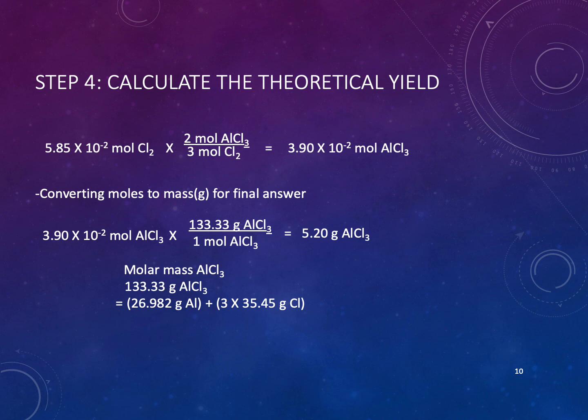So our final step here, step 4, is to calculate the theoretical yield. What we have here is the same equation as in step 3, for finding the limiting reagent, which we now know is chloride, and we are left with 3.90 times 10 to the power negative 2 mole aluminum chloride, because that will be our final product.